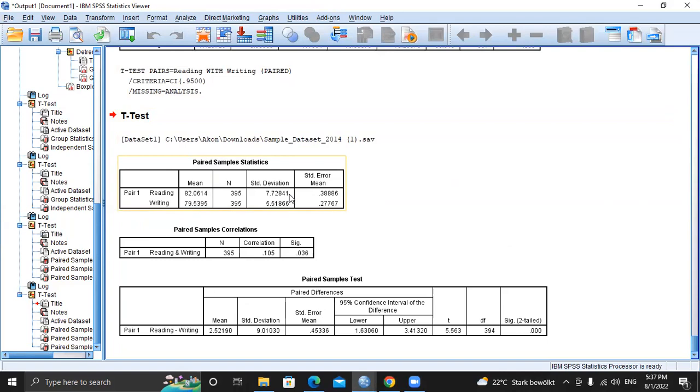I mean, in reading, when it comes to writing, the average is a bit low, and there's high variation in writing performance as compared. The correlation, the relationship between the two is very weak, but somehow significant, because less than 0.05.